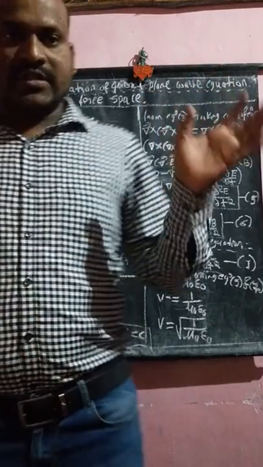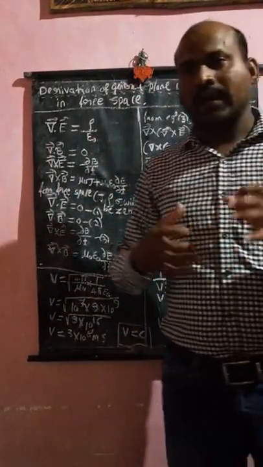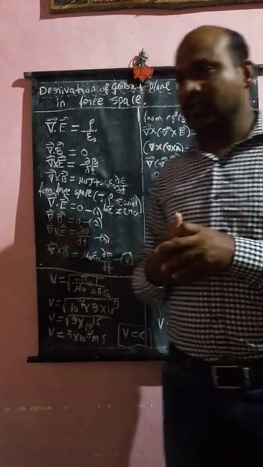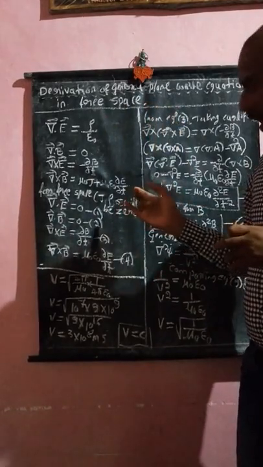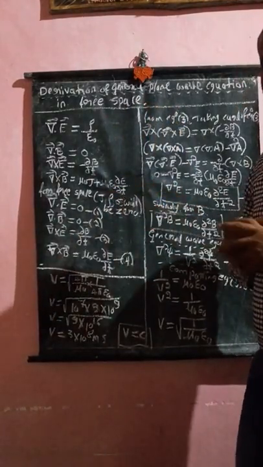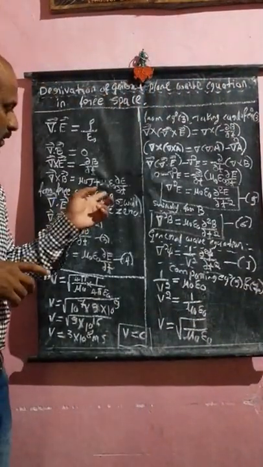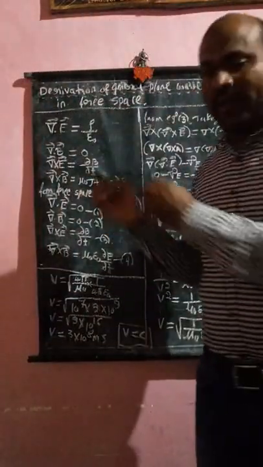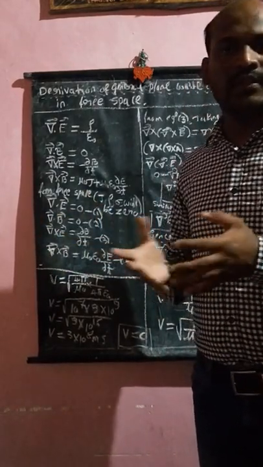This happens when we consider free space or vacuum. In that condition, rho, sigma and J go to 0, where J is the current density, rho is the charge density and sigma is the conductivity. In free space nothing is there.